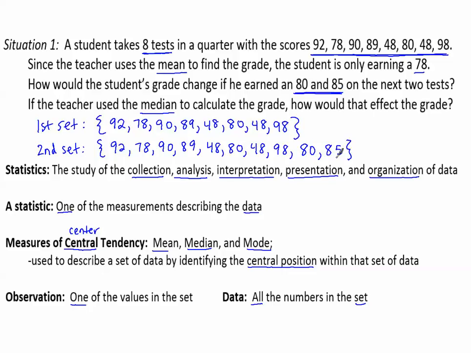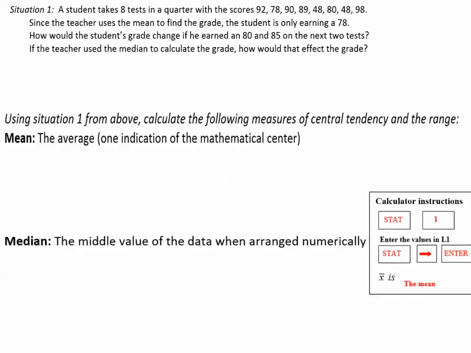So that's 2 more observations for that data set. Now to answer this question, we need to look at the measures of central tendency. So our first example asks us to use situation 1 from above, calculate the following measures of central tendency and the range.